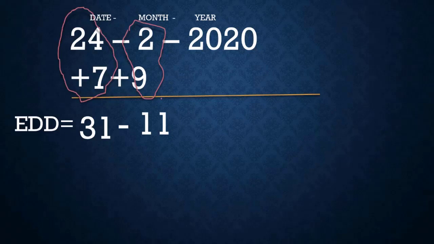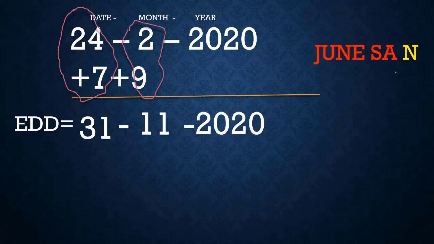As November lies in the same year, the year will not change. But remember one thing, we have memorized a formula, that is June Sen. According to June Sen, these months have 30 days in them. So here is November, and November has 30 days. But here it is 31st November, which is not possible.